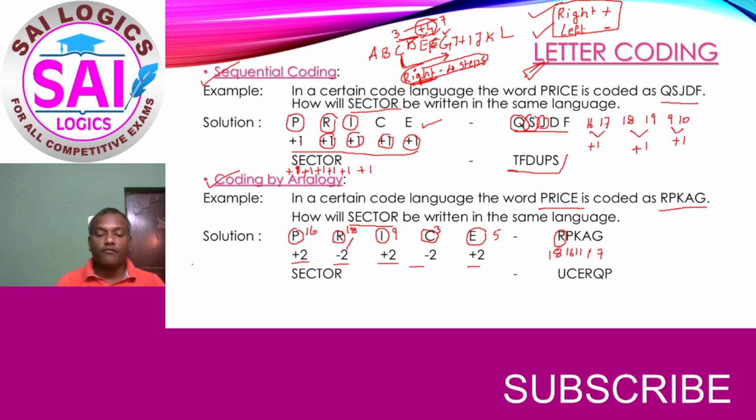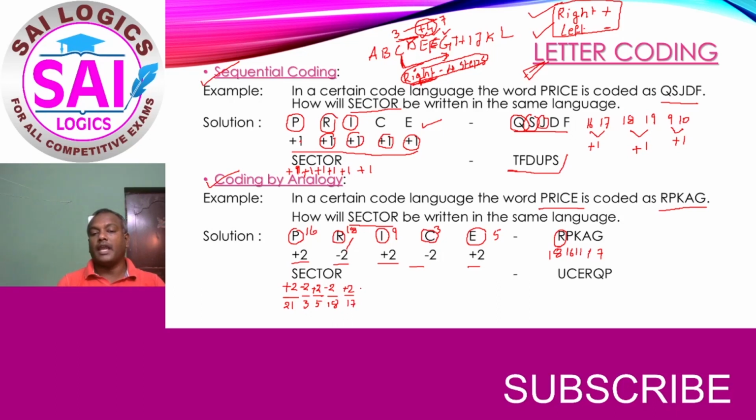The same rule if we apply here: S plus 2, S is 19, 19 plus 2 is 21. E is 5, 5 minus 2 is 3. C is 3, plus 2 is 5. T is 20, T minus 2 is 18. O is 15, 15 plus 2 is 17.